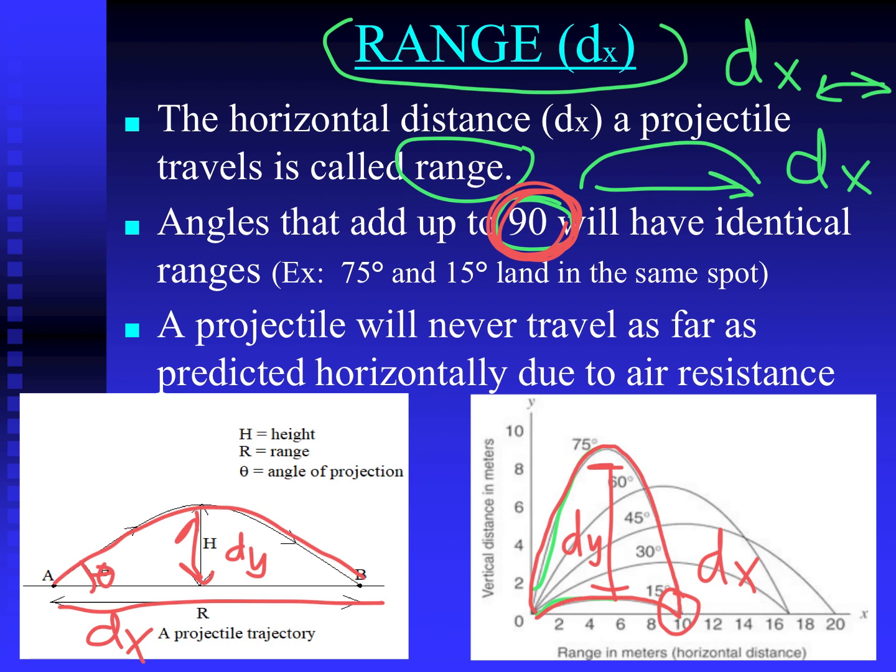The last thing I want to talk about is when we have a projectile, remember, if it's predicted like the 15-degree one at 10 meters, it'll land. It never will really land at 10 meters. It'll always be just a little bit less. Why? Because in real life, there is air resistance. So we've done a lab with our steel marble, and we know that we predicted how far that marble would launch off the ramp.